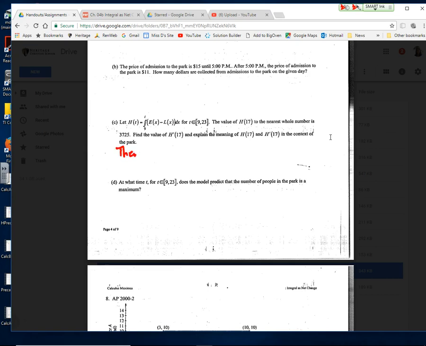There are 3,725 people in the park at 5 p.m. It says explain H of 17 and H prime of 17 in the context of the park. How could I find H prime?